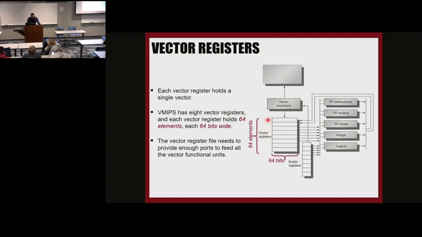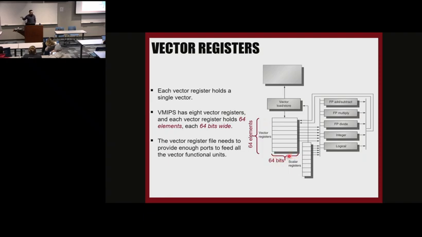Each of these registers is used to store an element in the vector, and they are 64 bits wide. So this is what we add to the MIPS architecture that we had before.